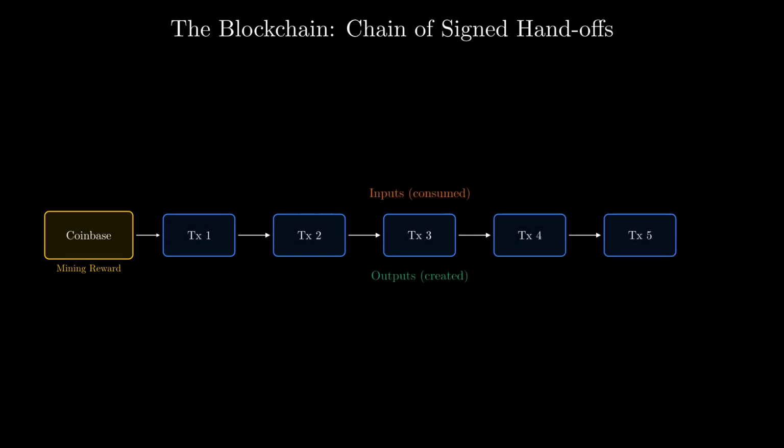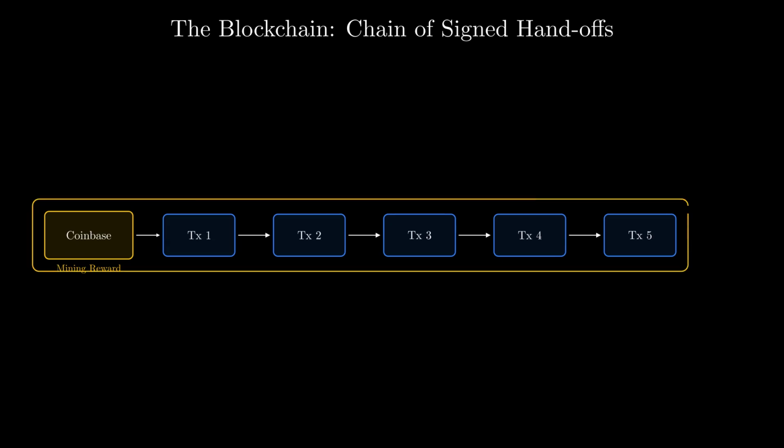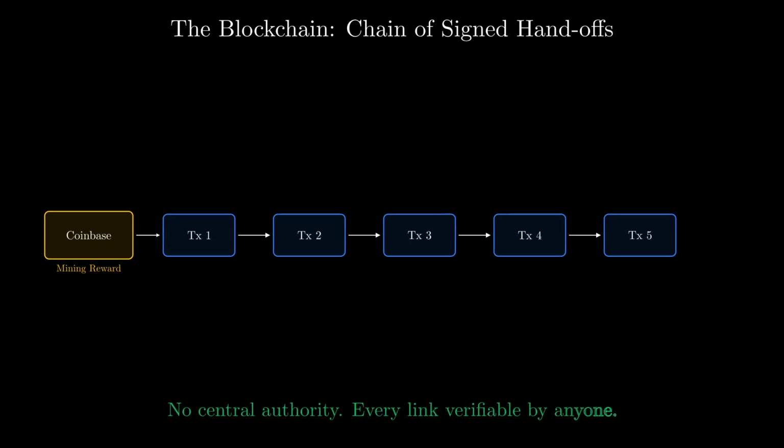Every transfer consumes whole outputs, creates new ones, and extends a chain of cryptographically signed handoffs. No central authority maintains this ledger. Any participant can trace any coin's lineage all the way back to the moment it was first mined. Next time someone tells you they sent Bitcoin, you'll know what happened. They consumed the bill, created new ones, and extended a chain that anyone can verify.